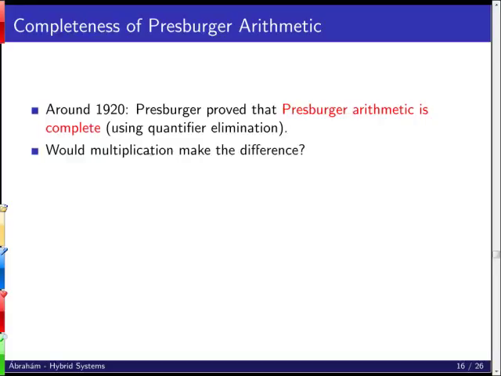And then there were some major steps in this direction. So the goal was to prove that Peano arithmetic is complete and consistent.